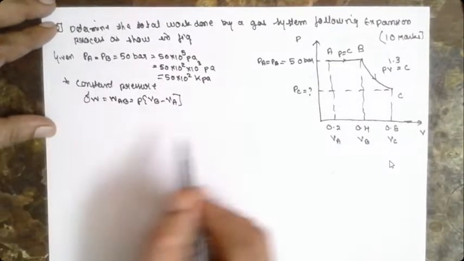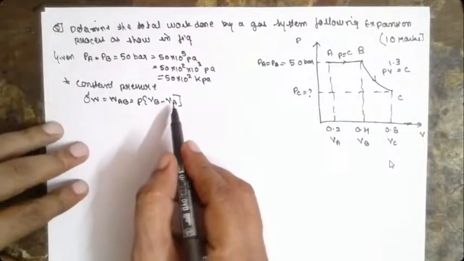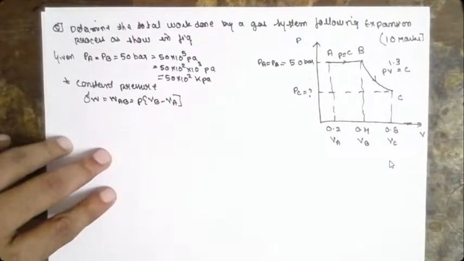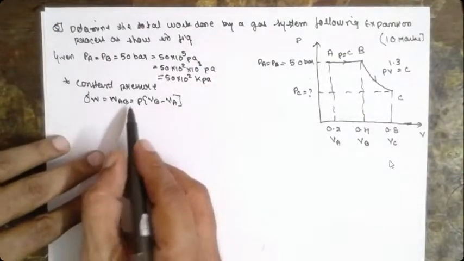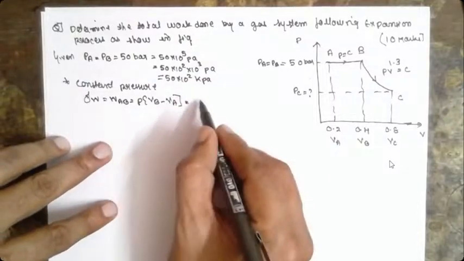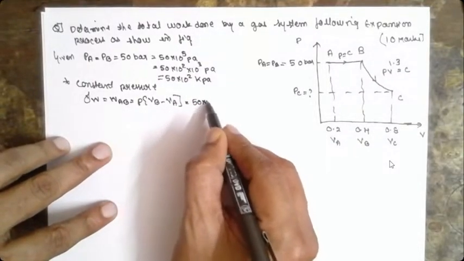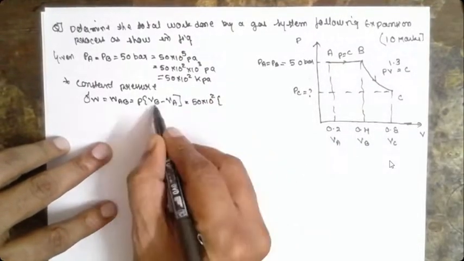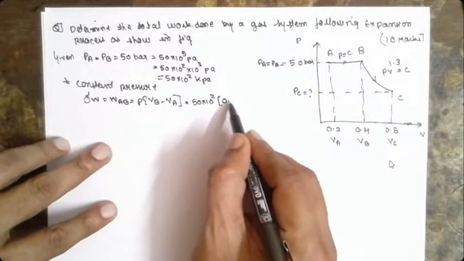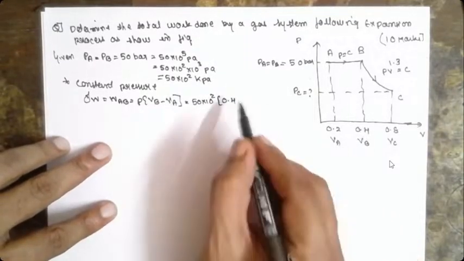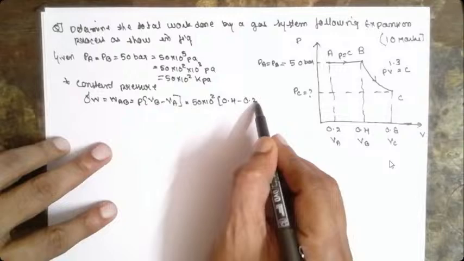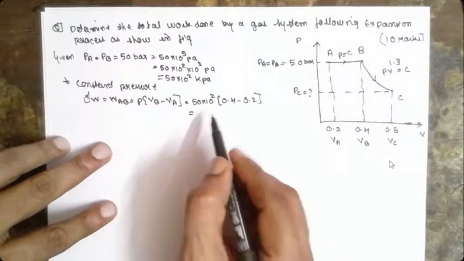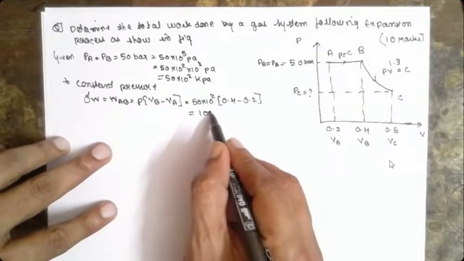This is the formula for constant pressure. Now P value is known, P is 50 into 10 raised to 2, VB will be 0.4, VA will be 0.2. If you calculate, the answer will be 1000 kilojoule.